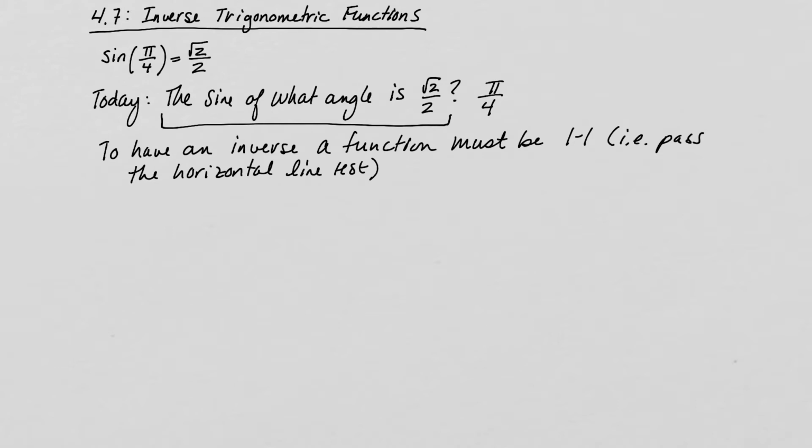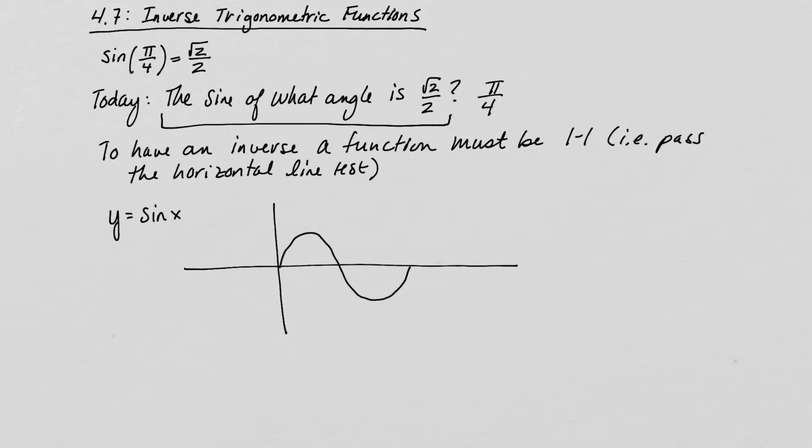Okay, so if we look at the function y equals sine x, we've been used to just drawing one period of y equals sine x. But remember, y equals sine x goes on and on and on forever in both directions.